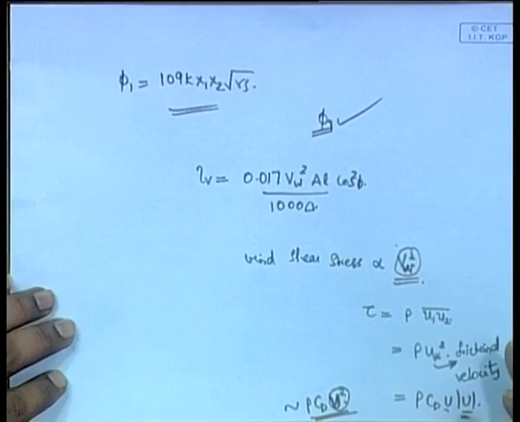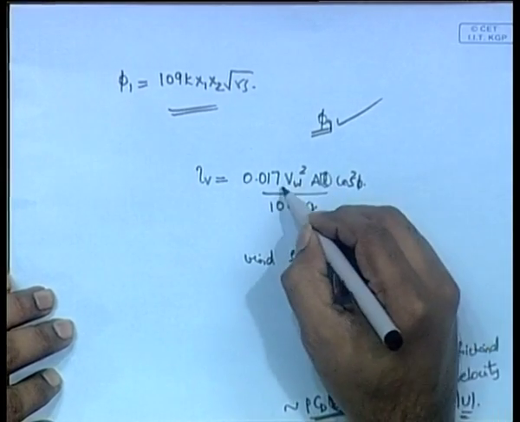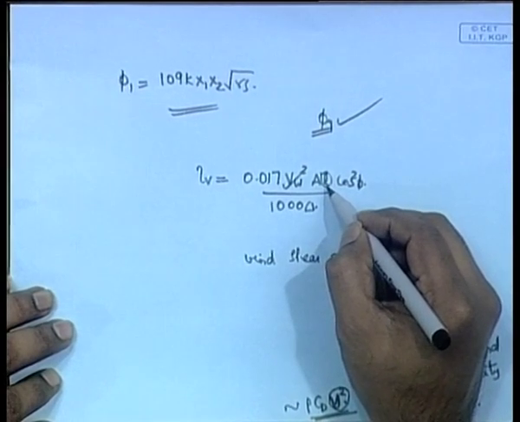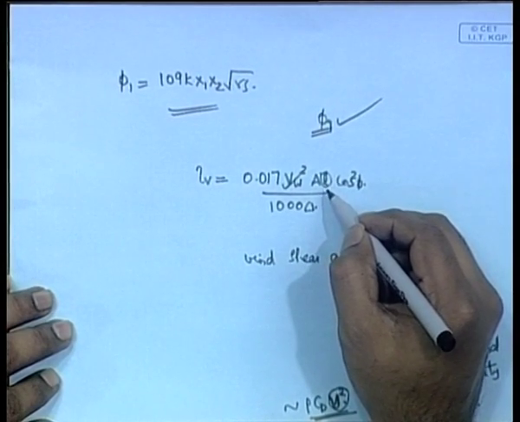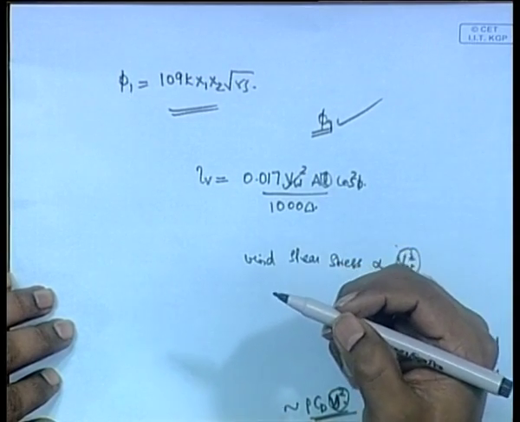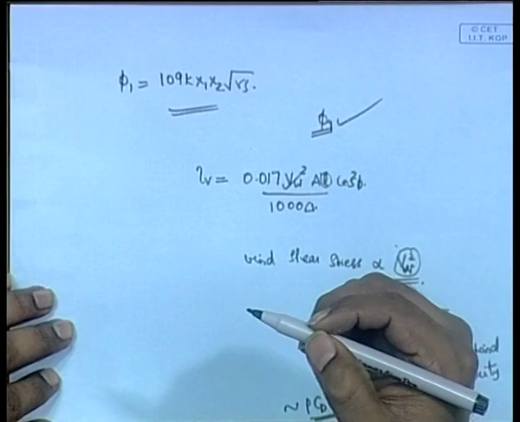Small l here represents again the distance between the centroid of the windage area and the mid draft.